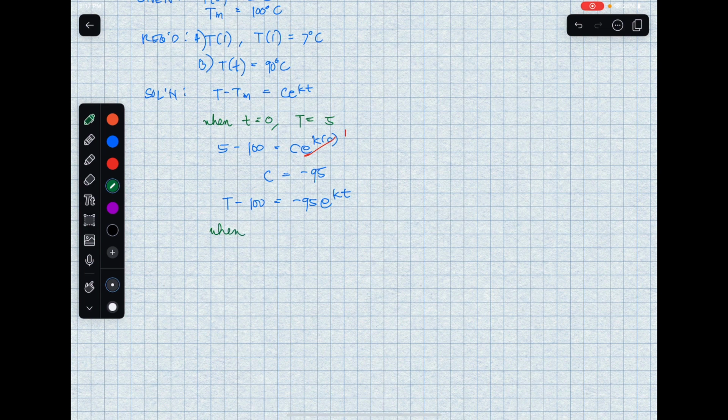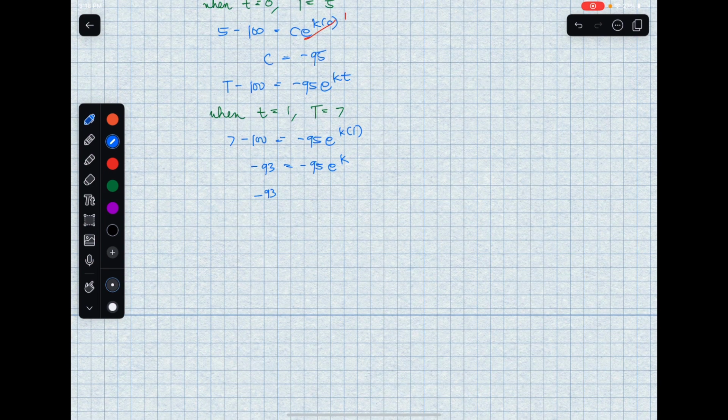After 1 second, the temperature rises to 7 degrees, an increase of 2 degrees Celsius. So 7 minus 100 equals negative 95 e raised to k times 1. This would be negative 93 equals negative 95 e^k.